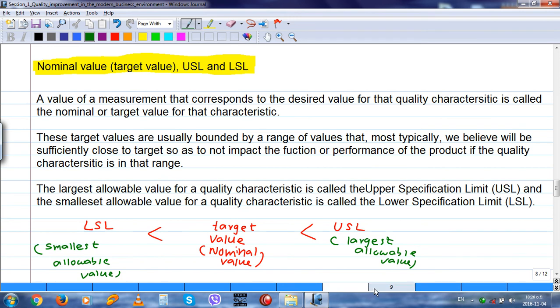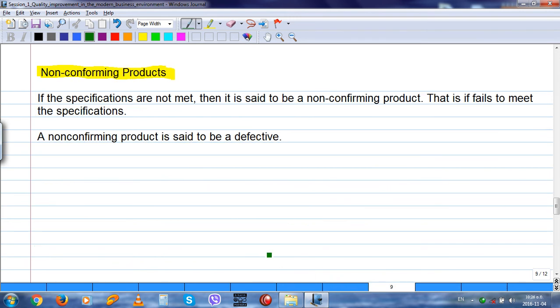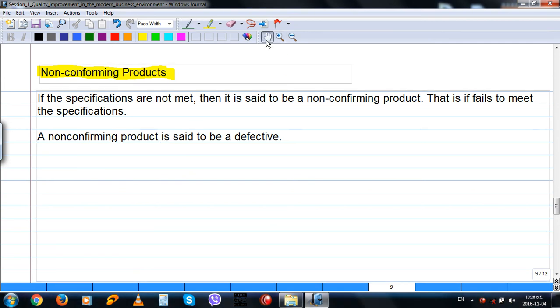So next we can consider the non-conforming products. A non-conforming product means that if the specifications are not met, it fails to meet the specifications. So if we can't get the specification in between the lower specification limit and the upper specification limit, we call them non-conforming products.